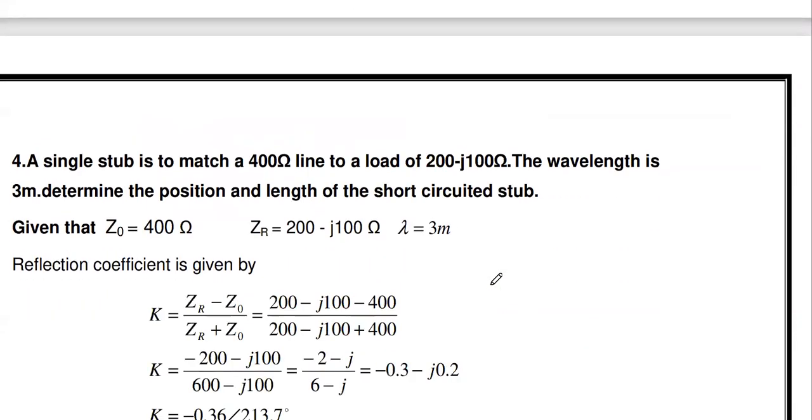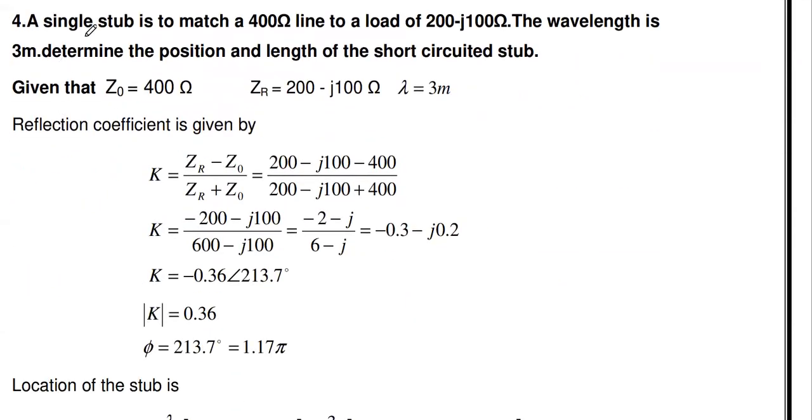And the fourth problem: a single stub is to match a 400 ohm line to a load of 200 minus J100 ohms. Here ZR is not given and the wavelength is given. The wavelength is 3 meter. Here lambda is directly given.